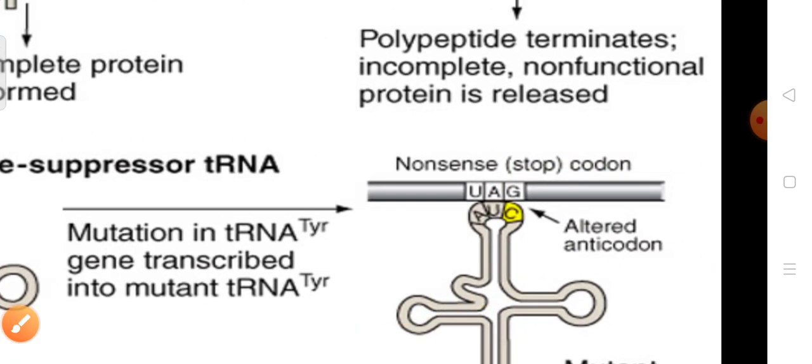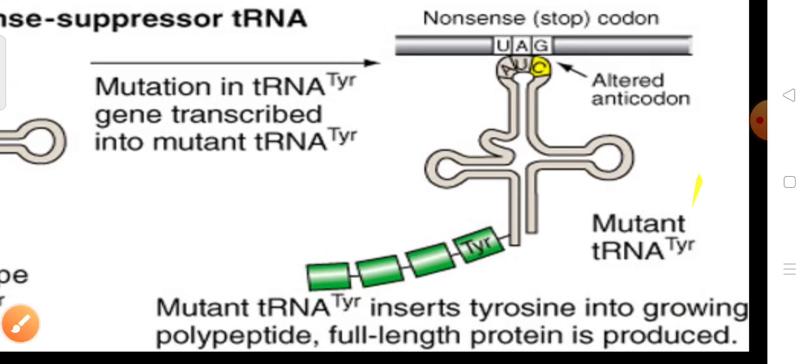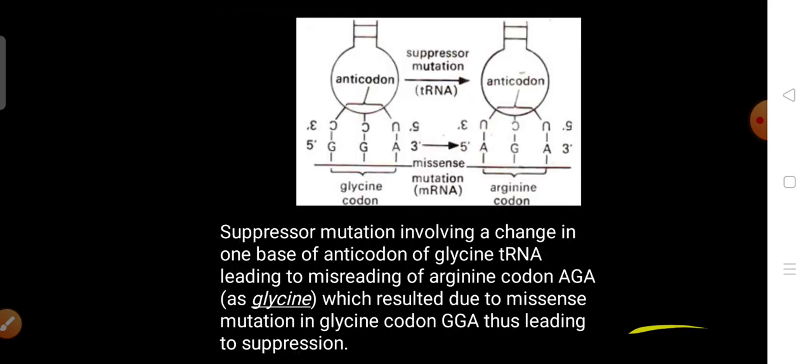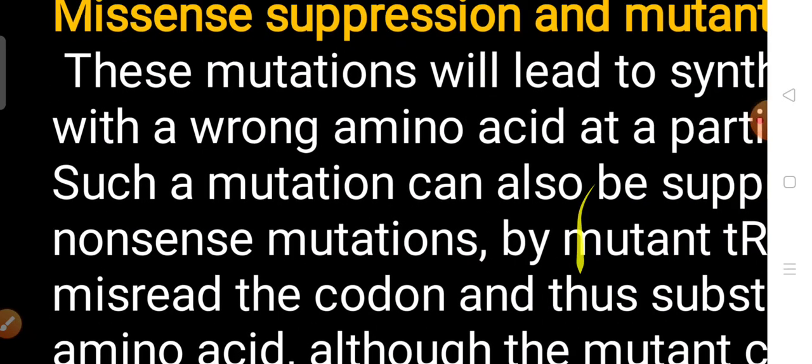The AUG is converted into AUC. This AUC can pair with the nonsense codon UAG, and the mutated tyrosine tRNA will add tyrosine in place of leucine in the growing polypeptide chain, making the protein functional. Okay, this is how the effect of nonsense mutations is suppressed by altering the anticodon of the tRNA.